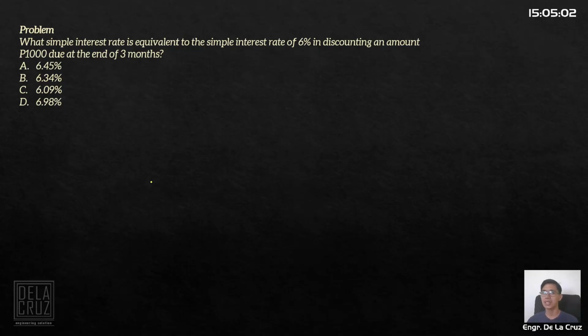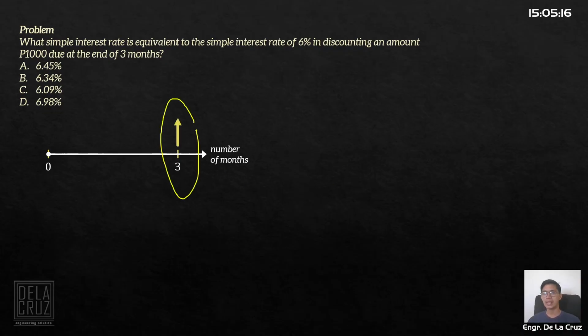What simple interest? Ano yung ibig sabihin dyan? Parang nagkakalito. Let's try to plot the cash flow at the end of 3 months. Say yung pera natin at the end of 3 months is 1,000 pesos.